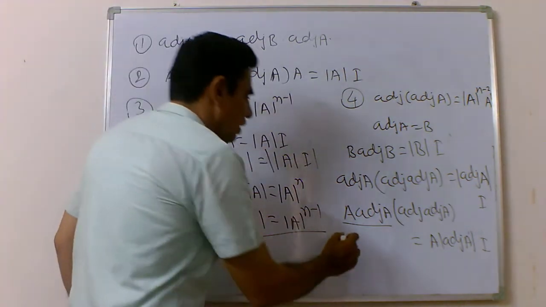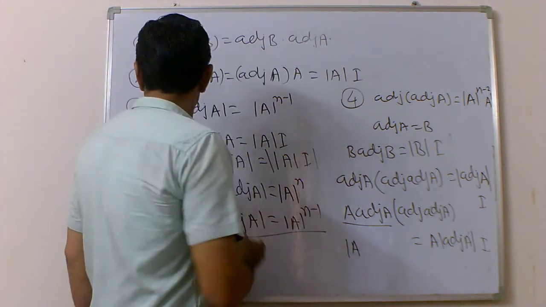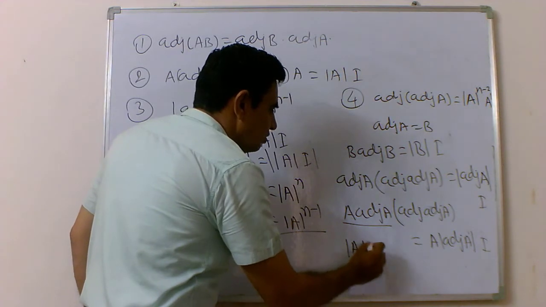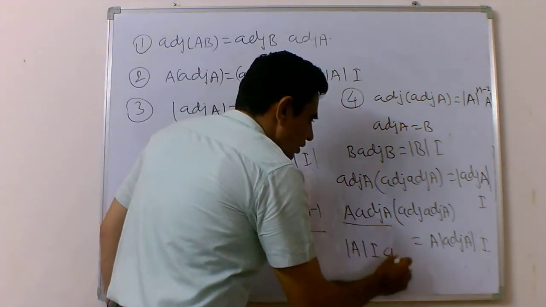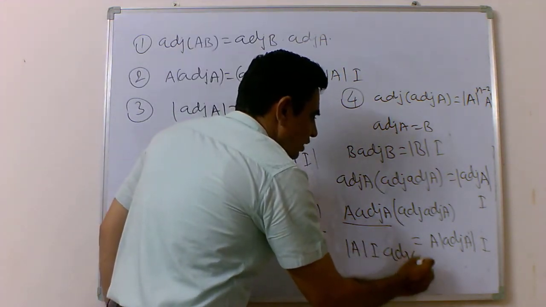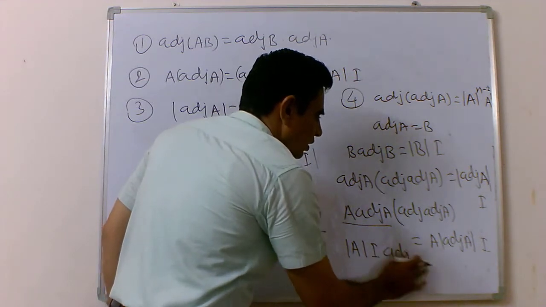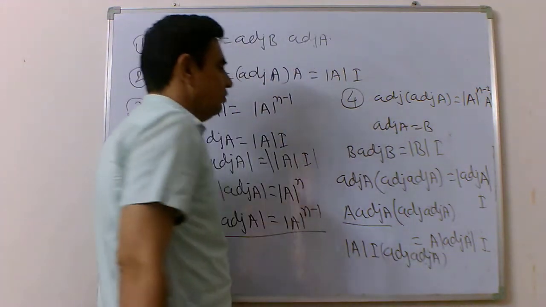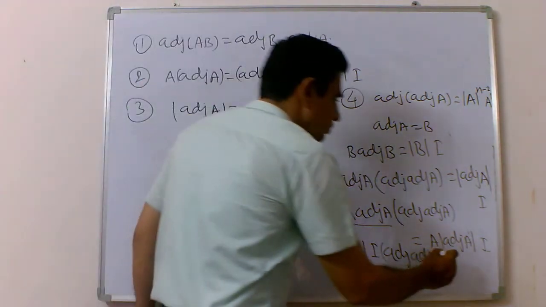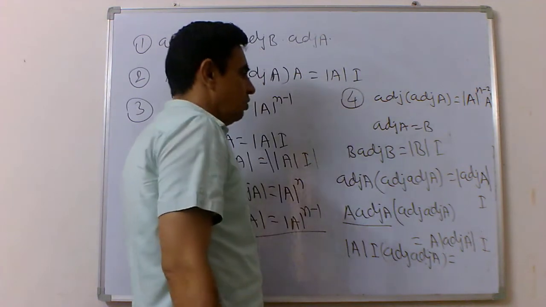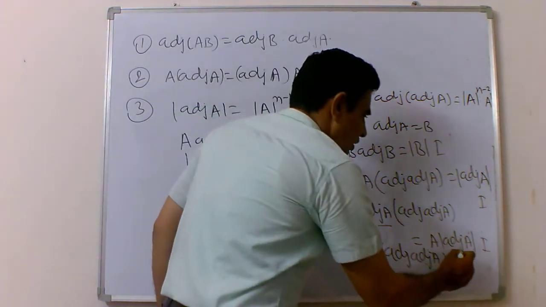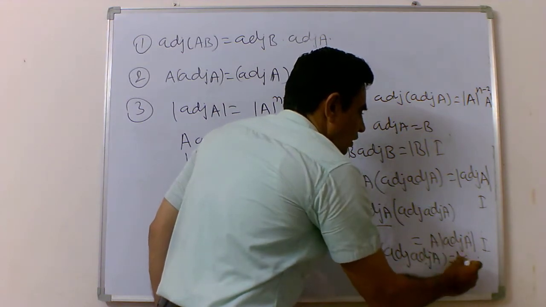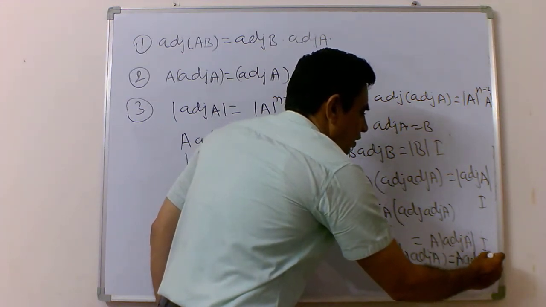Determinant of A into I. By using previous property, that is property third, A into adjoint of A is determinant of A into I into adjoint of A. Adjoint of adjoint of A is equal to A into adjoint of A into adjoint of A into I.